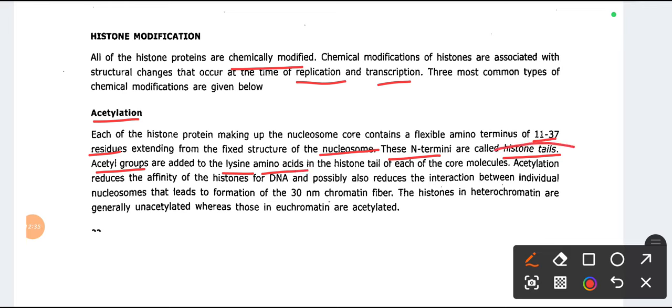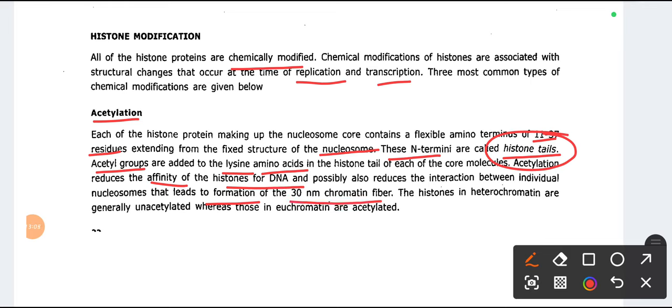And what is acetylation doing? Acetylation is reducing the affinity of the histones for DNA, so that the interaction between nucleosomes, which leads to the formation of the 30 nanometer fiber, is reduced.